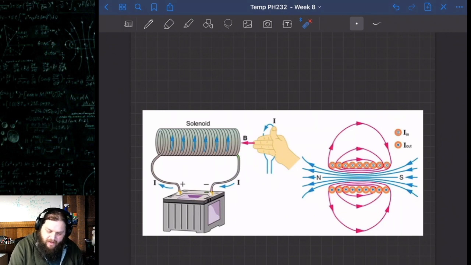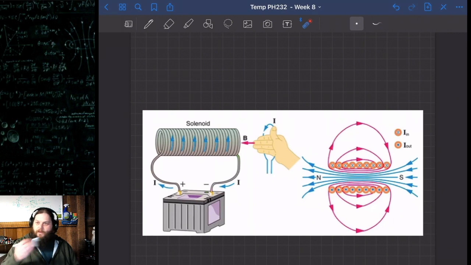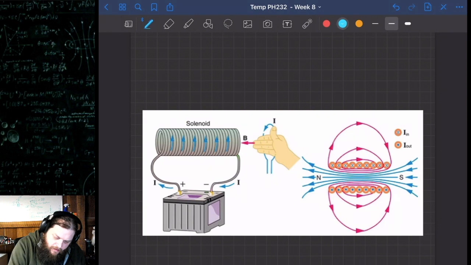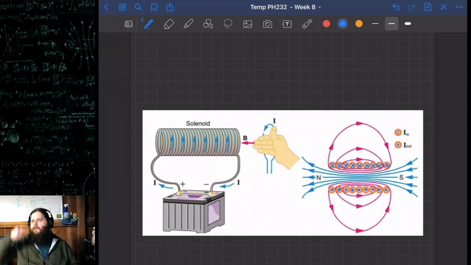And you can see as the current is flowing through this magnet wire, the direction of current we see here is going into the page across the top and out of the page on the bottom. So the current's coming up and then going down, coming up, going down, and so on.